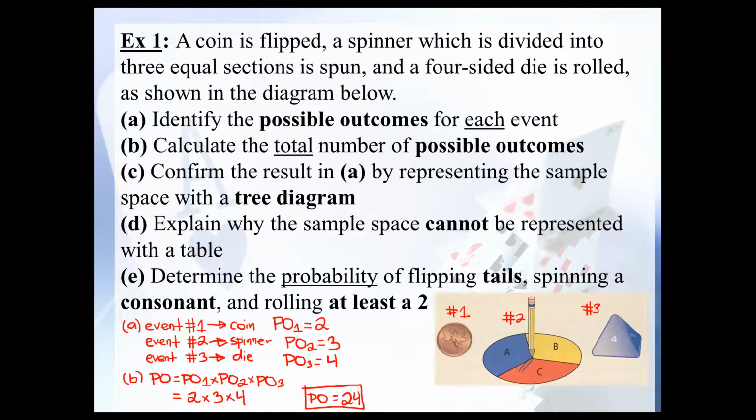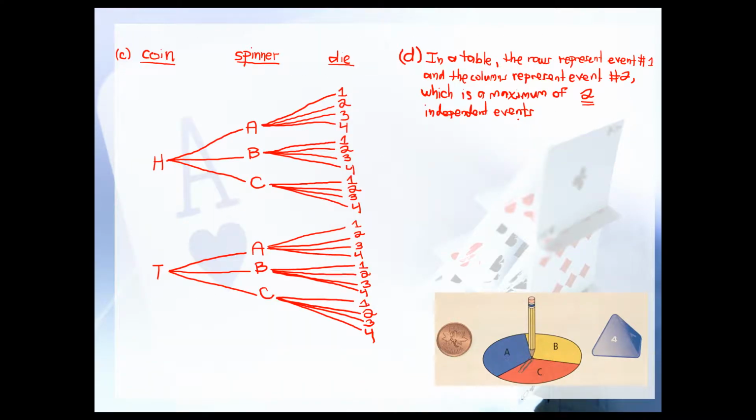Okay, E says determine the probability of flipping tails, spinning a consonant, and then rolling at least a 2. Okay, so let's clarify what some of this language means in case you're not familiar with it. First of all, if you're not familiar with that word consonant, let's spell that correctly.